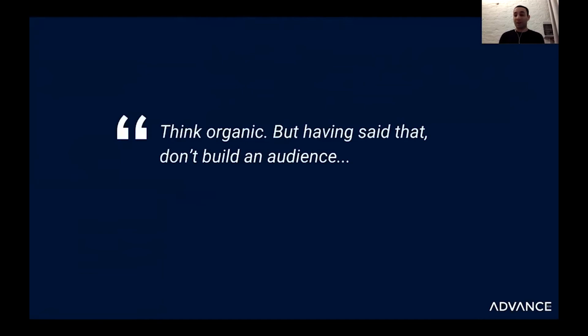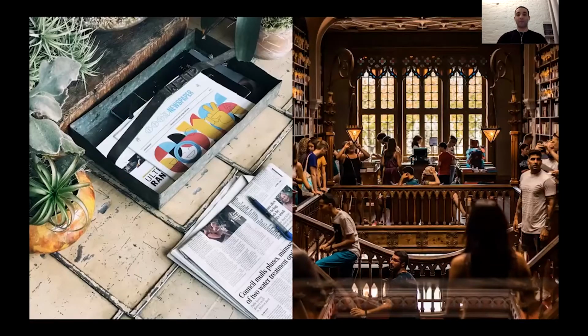And despite what I just said, thinking organic, what you don't want to fall into the trap of is actually building an audience. So think organic, but having said that, don't build an audience. And this might sound a little contradictory, but when it comes to content marketing, there are really two schools of thought. So there is content as a publication, and then there is content as a library.